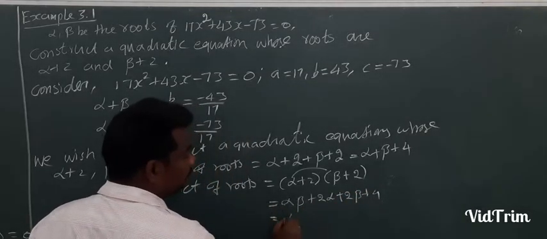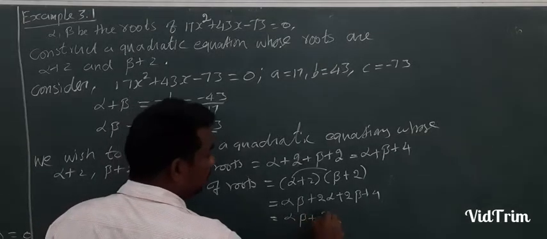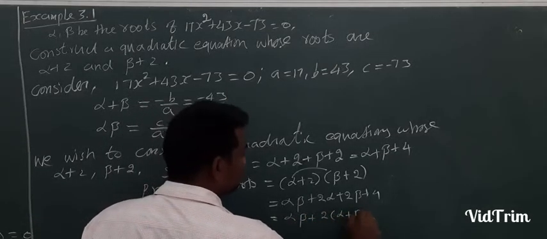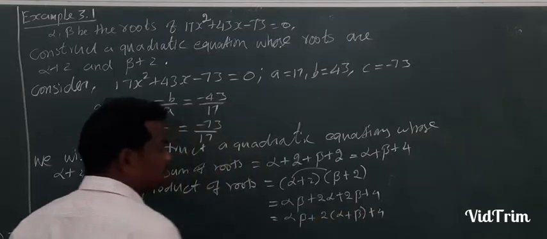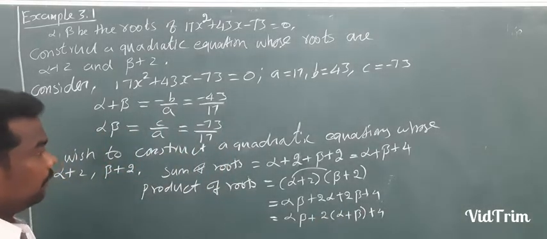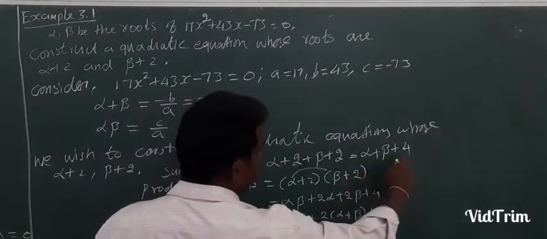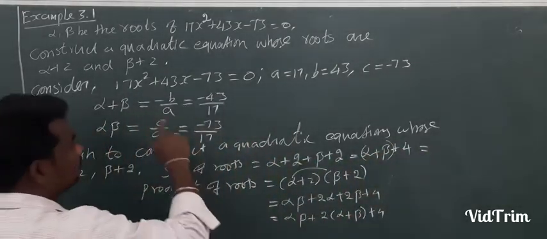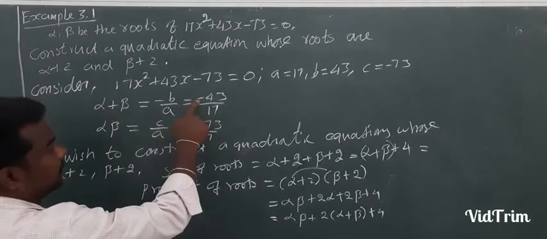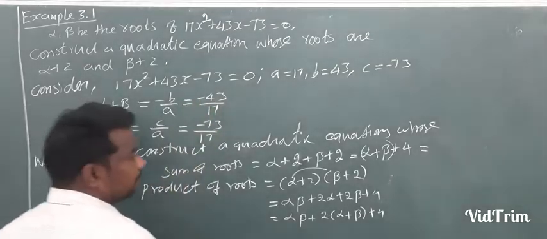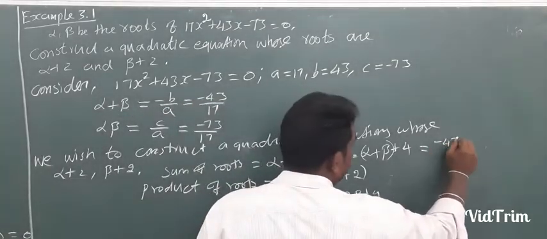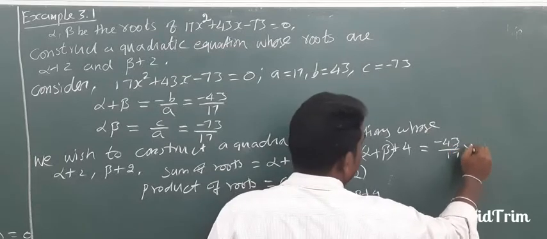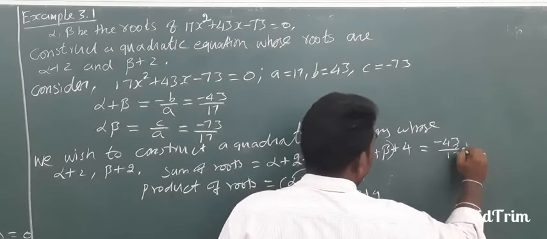Then we simplify: alpha beta plus 2 into alpha plus beta plus 4. We take the common value. Now we have alpha plus beta plus 4. Alpha plus beta is equal to minus 43 by 17, so you write minus 43 by 17 plus 4.